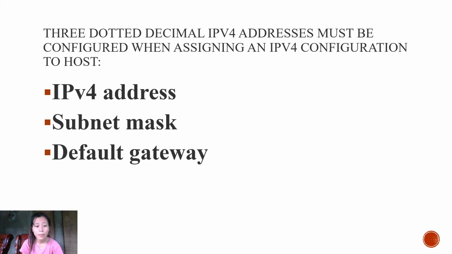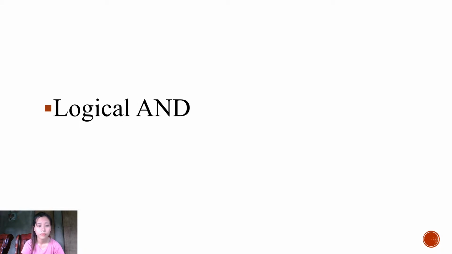The IPv4 address is the unique IPv4 address of the host, and the subnet mask is used to identify the network or host portion of the IPv4 address. The default gateway identifies the local gateway to reach remote networks.